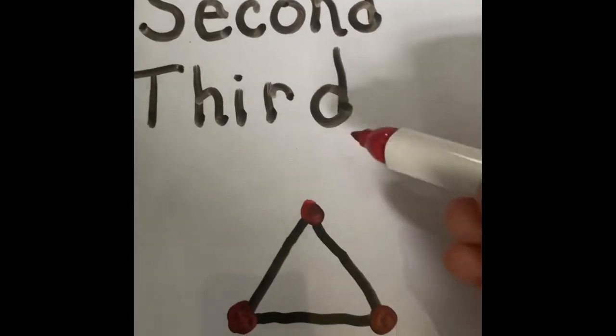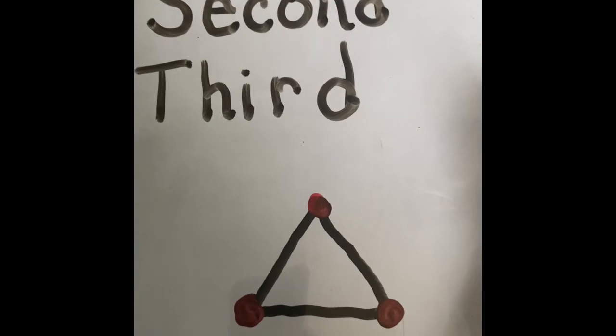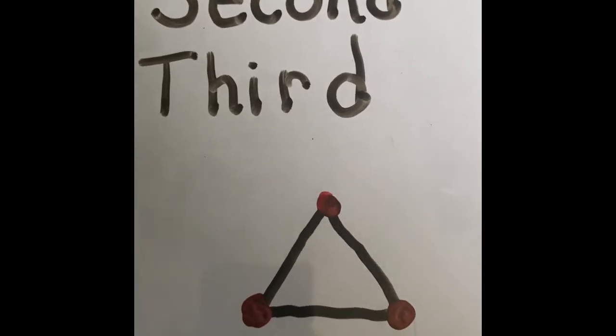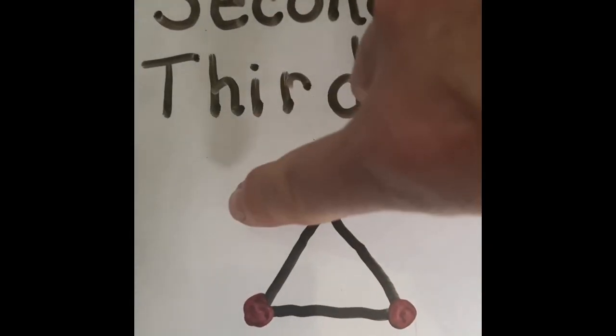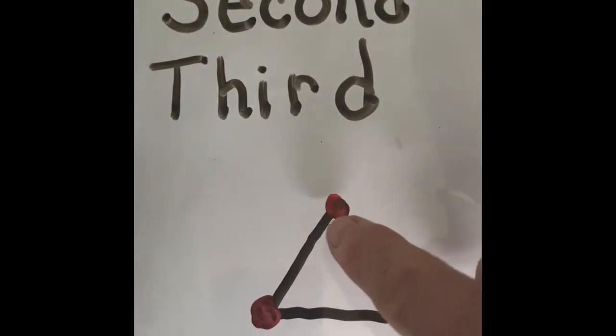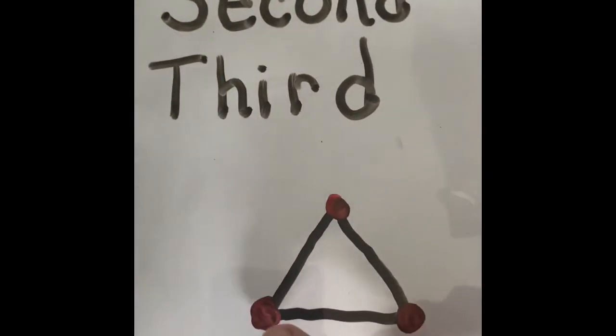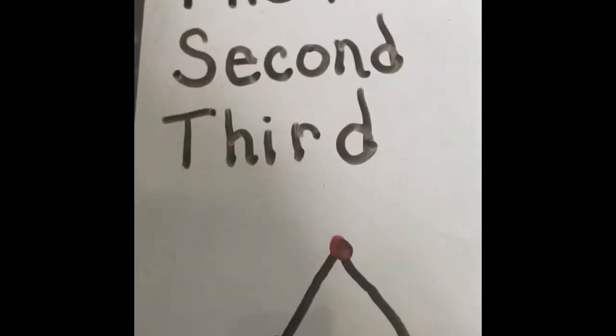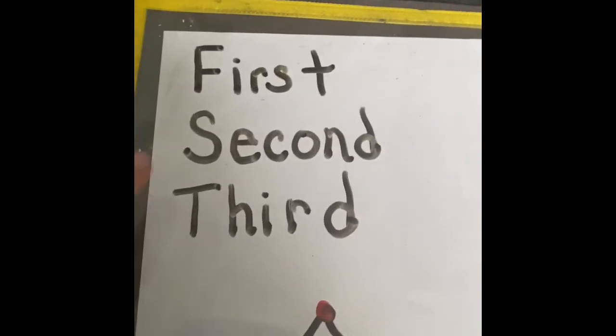How about third, we count the sides this time, all right? So ready? You take your finger and point as I do too, ready? So we'll kind of run our finger. 1, 2, 3. All right, what did we do first?